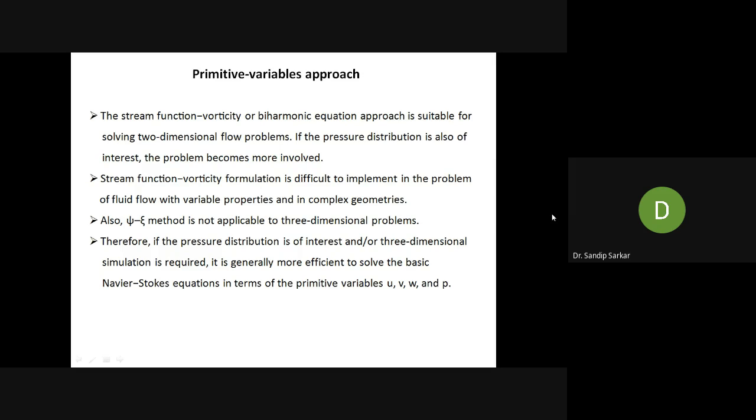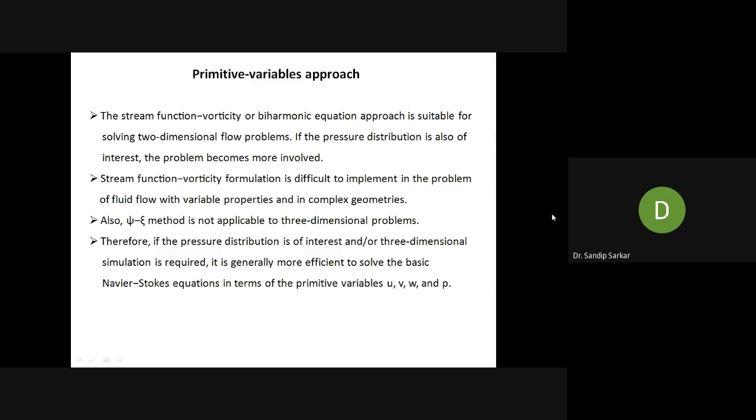That's why the primitive variable approach was introduced. In this approach, instead of solving the Navier-Stokes equations in an indirect way, they are solved in a direct way, that is, with the primitive variables u, v, w, and p. u is the velocity in the x direction, v and w are the velocities in the y and z directions, and p is the pressure.